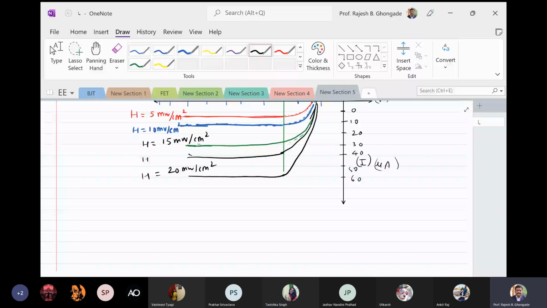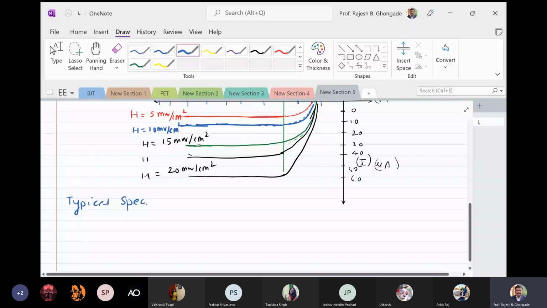Okay. Now let us see the typical specifications. So we have the power dissipation, something called as VOC, that is the open circuit terminal voltage. Then we have BR max, that is the maximum reverse bias that you can apply. ID max, that is the dark current.